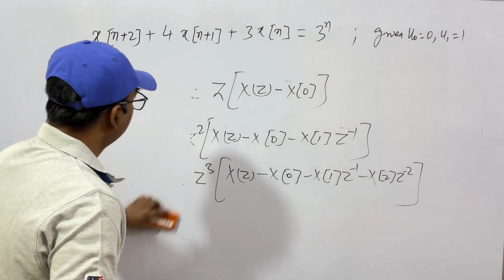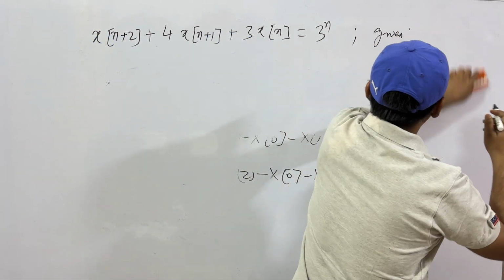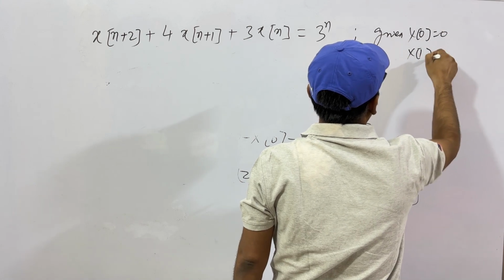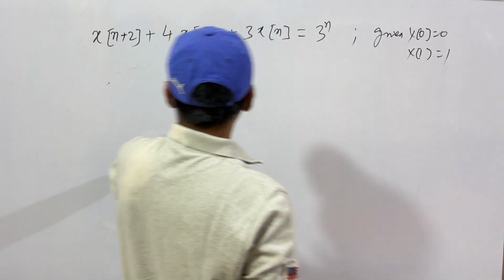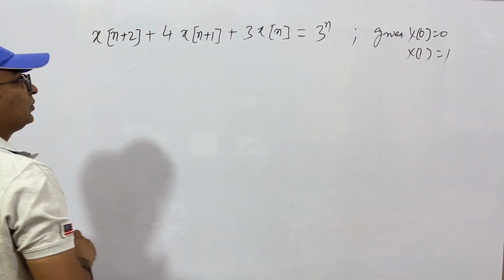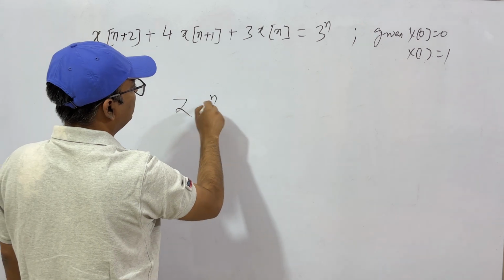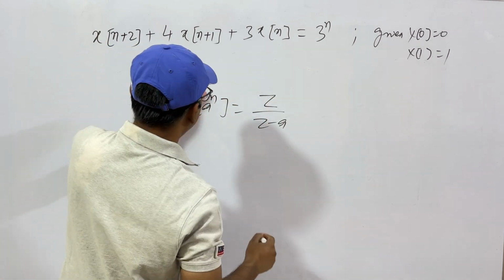So let's see. Here it should be x(0) is 0 and x(1) is 1. Let's take z transform, and this is a to the power n, and you know that z transform of a to the power n is z by z minus a. So here it will be z by z minus 3.